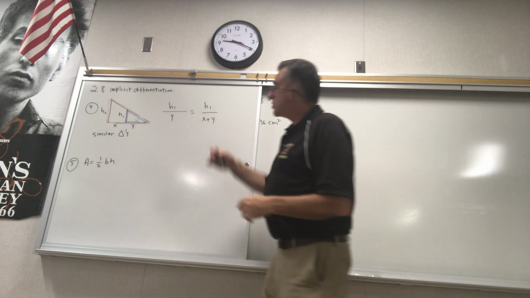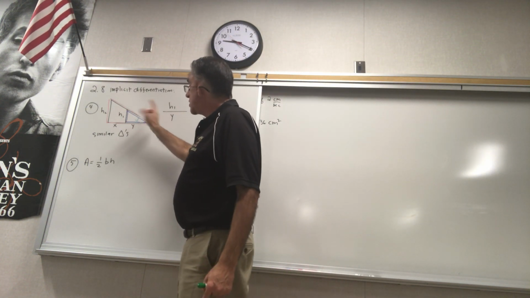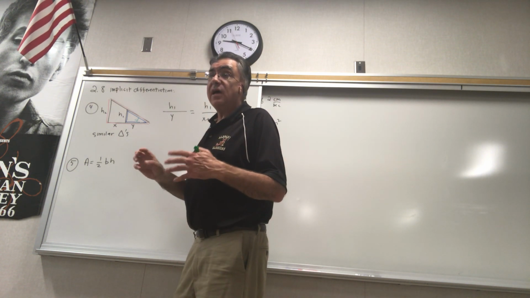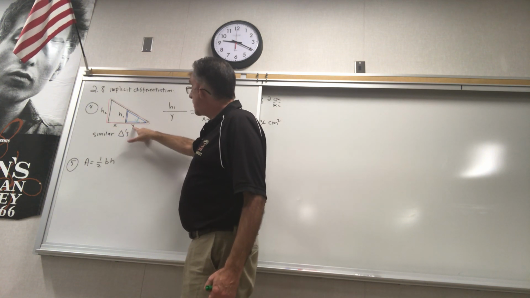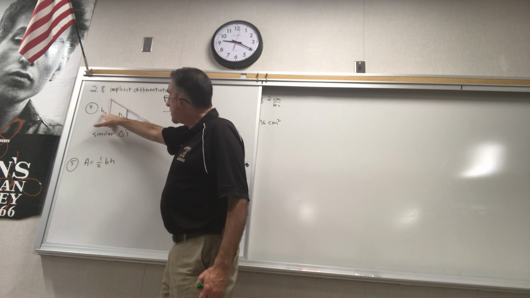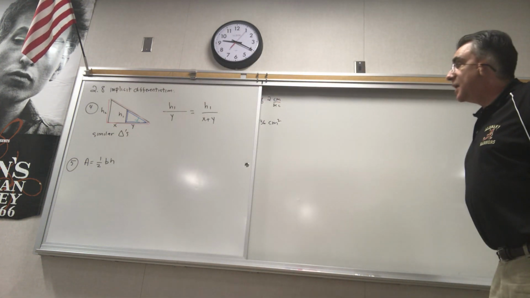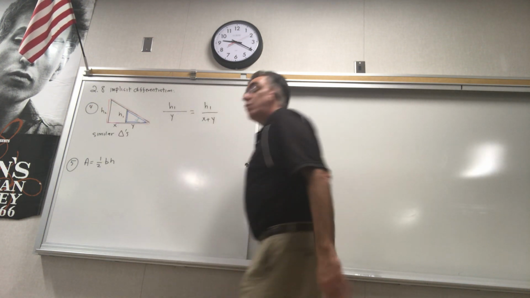Now the ratio can also be done in geometry by saying that corresponding parts of similar triangles have to have equal ratios. So you could also say h1 divided by y has to equal h2 divided by x plus y. Now keep in mind, h1 and h2 will be numbers.